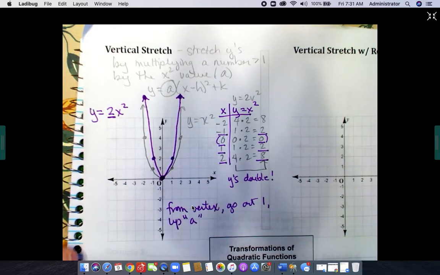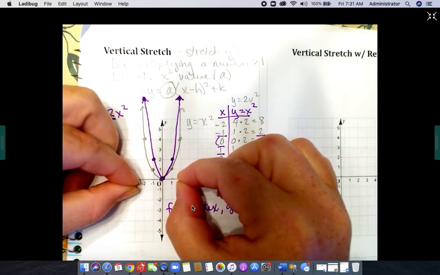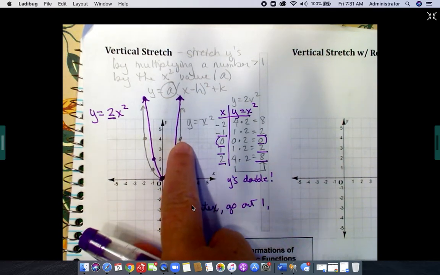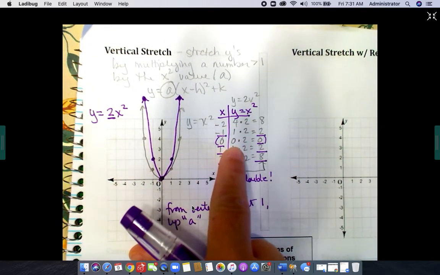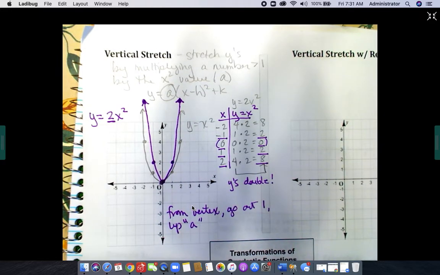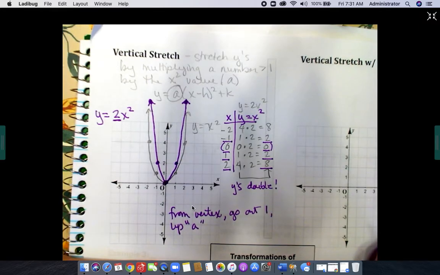And then subsequently, we're just going to go out 2 and double. So we multiply the old y's by this a value. That's really it. So that's a vertical stretch.